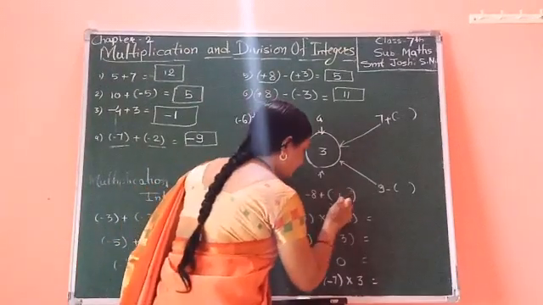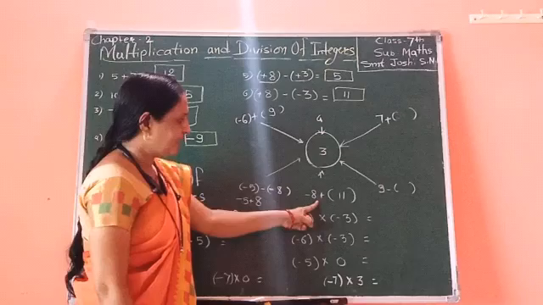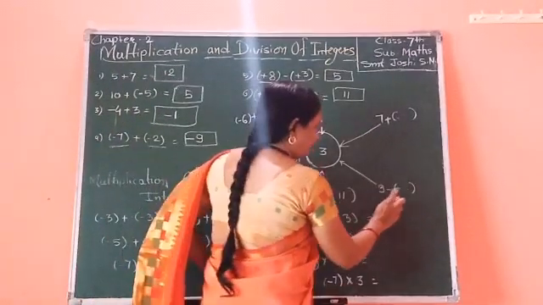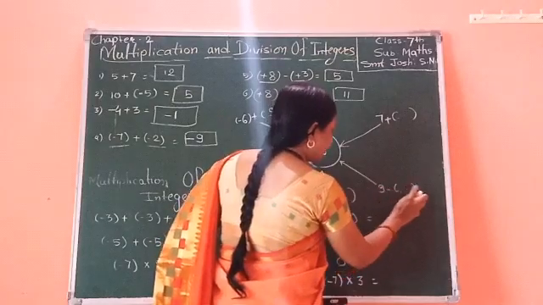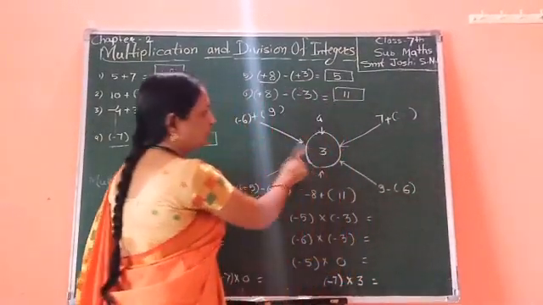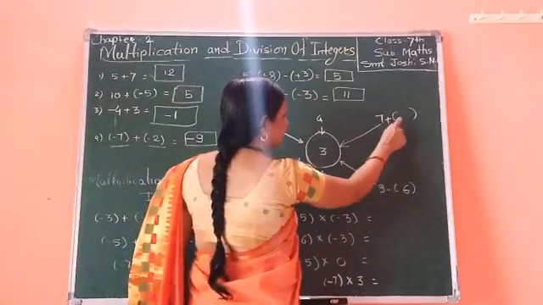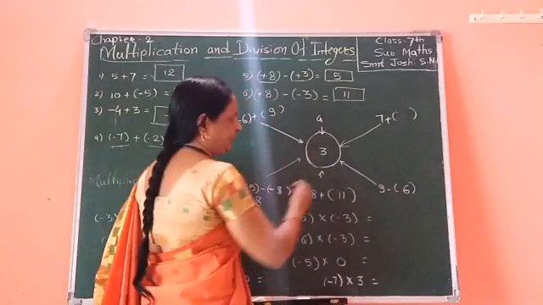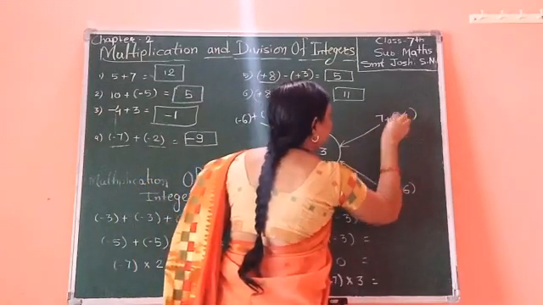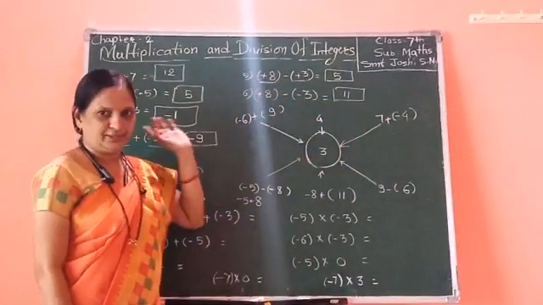Here it is 11. 11 minus 8 equal to 3. Which number in this? 9 minus dash dash. 9 minus 6 equal to 3. And then the last, 7 plus dash dash equal to 3. Here which number? Negative number 4. Negative 4 means the answer is 3.